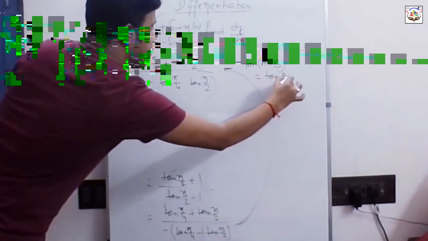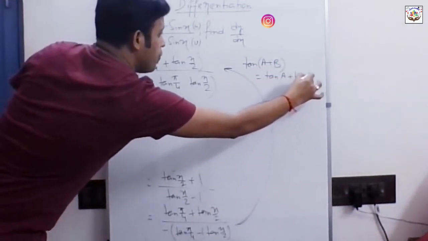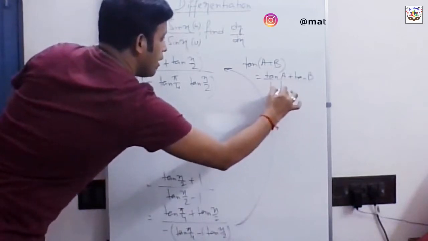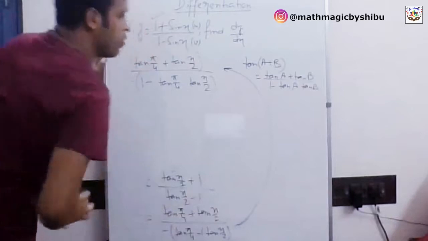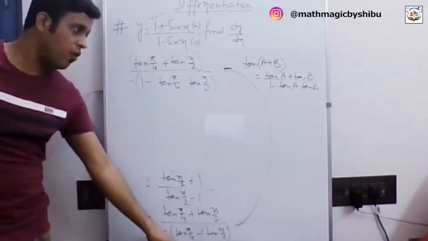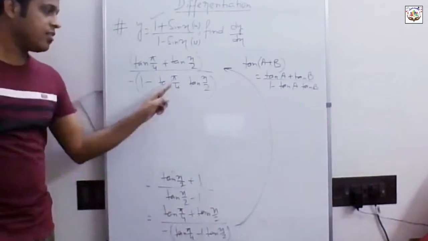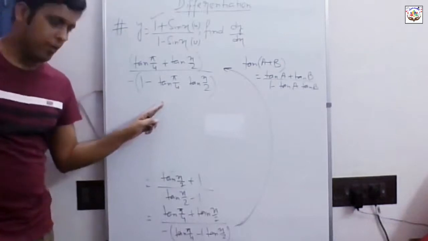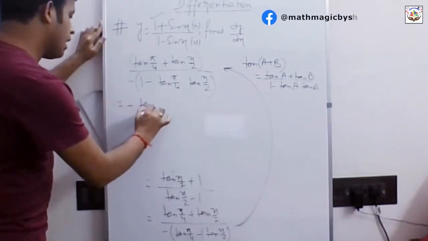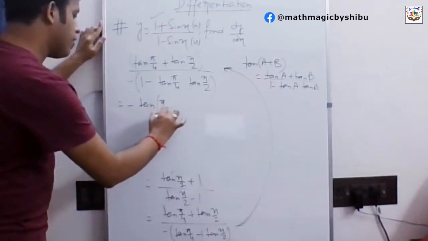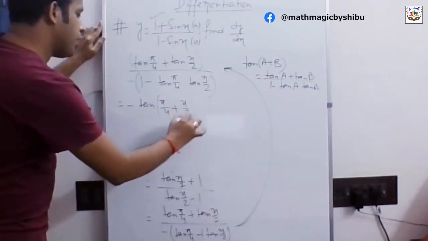So I have tried to represent this part in the form of tan A plus B.